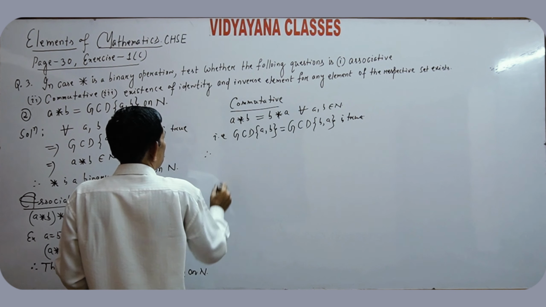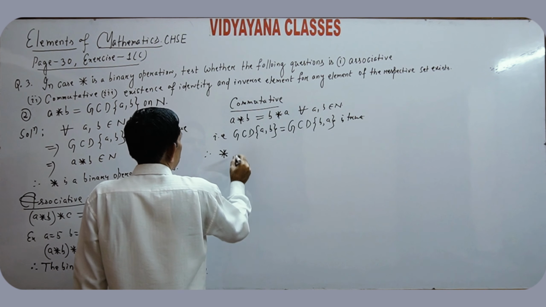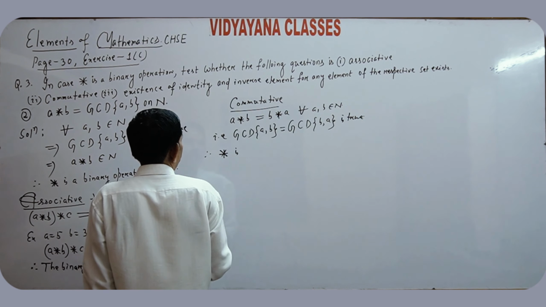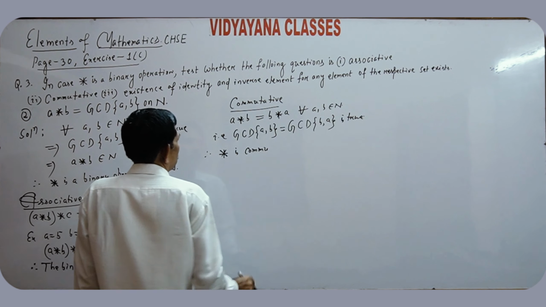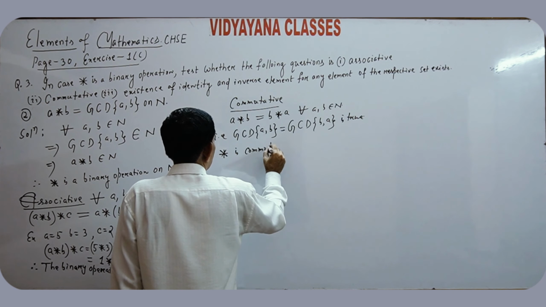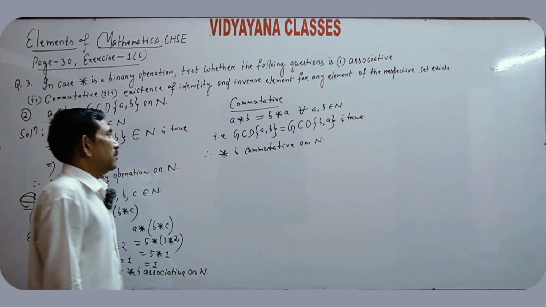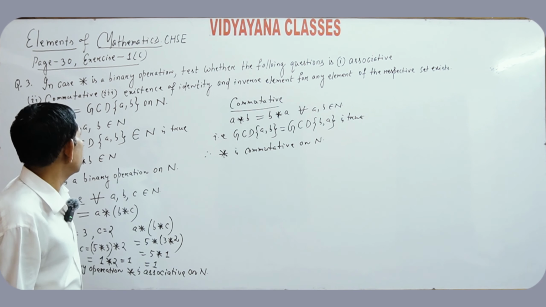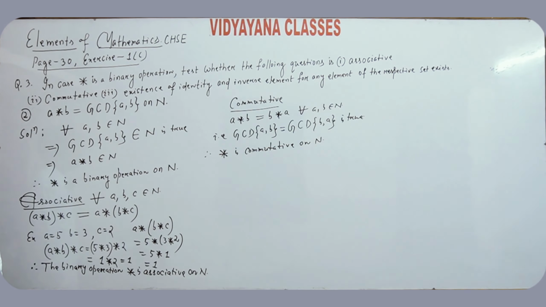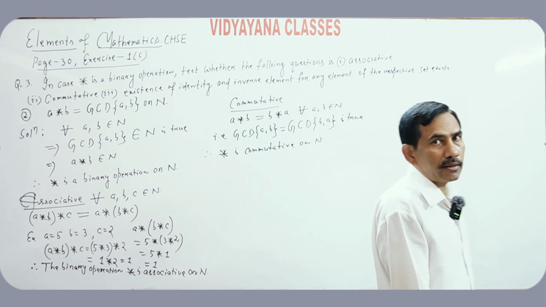Therefore, star is commutative on N. The binary operation star is commutative on N. Clear? Since A star B is equal to B star A.